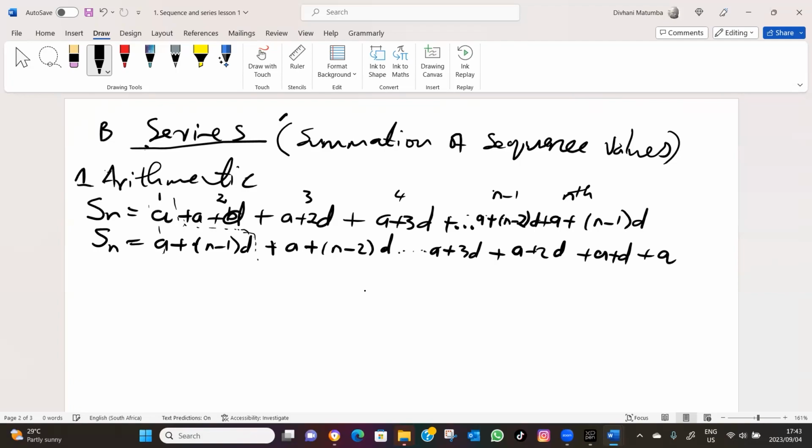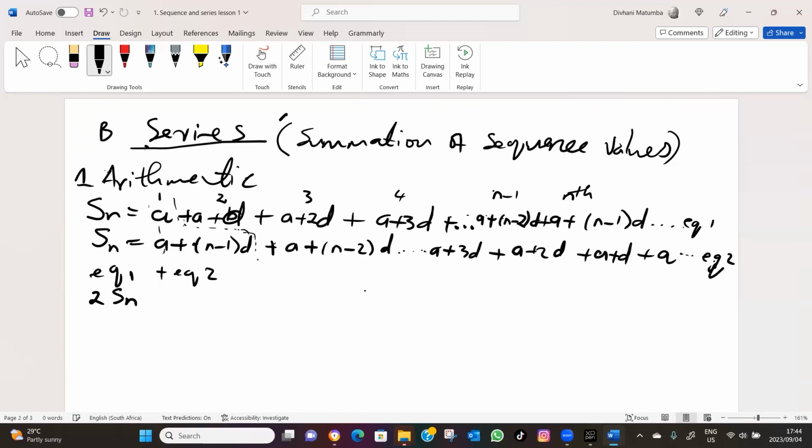Now, if we add these two terms, if we add equation 1 plus equation 2, to add Sn plus Sn, we will get 2Sn.